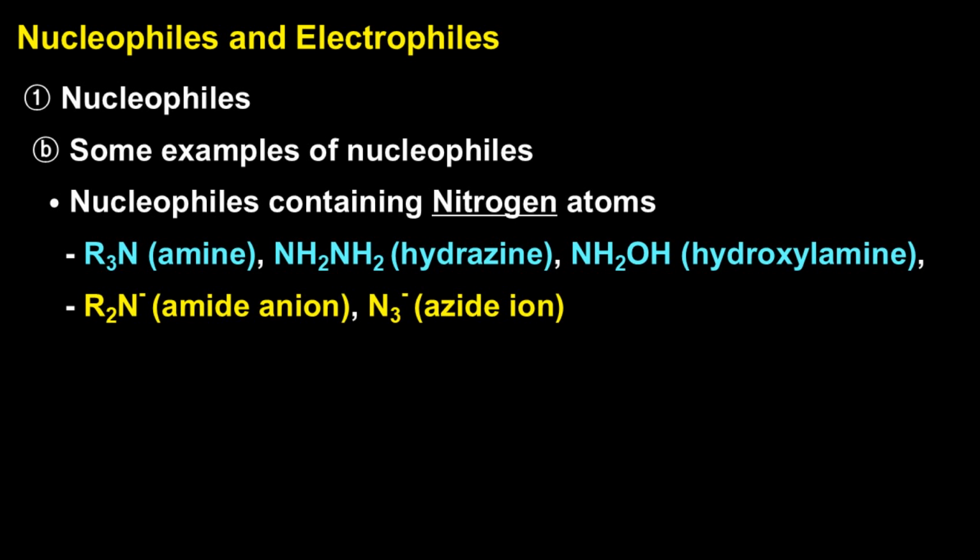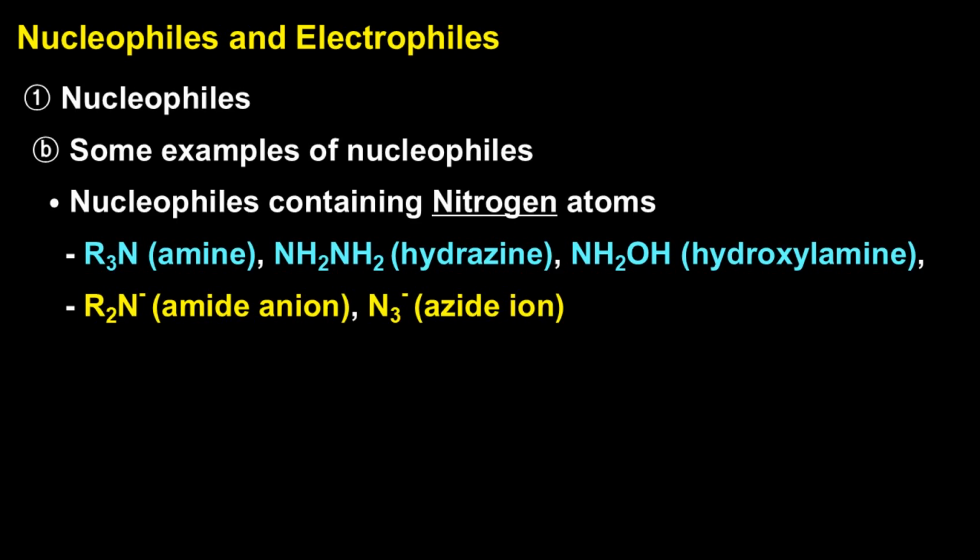Next, let's take a look at nitrogen-containing nucleophiles. Nitrogen has a lone pair of electrons, so naturally it can act as a strong nucleophile in many reactions. Amines are especially common. You'll see them all over substitution and addition reactions. Other good examples include hydrazine and hydroxylamine. Both are pretty reactive.